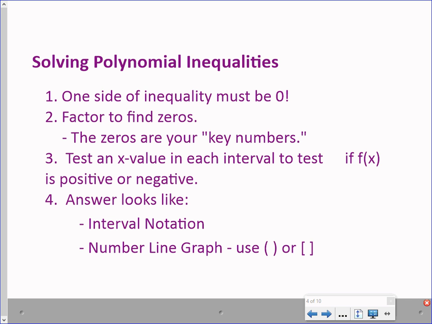When you write your answers, there's really 2 answers. There's the interval notation of your answer, and then there's your answer on a number line. So that would be like what maybe Kristen was referring to in our reminder of inequalities, where you would say x is greater than 5, and then you would plot an open circle at 5 and shade to the right. Okay, so there's really 2 pieces to an answer. Let's look at an example so you can see this put to work.